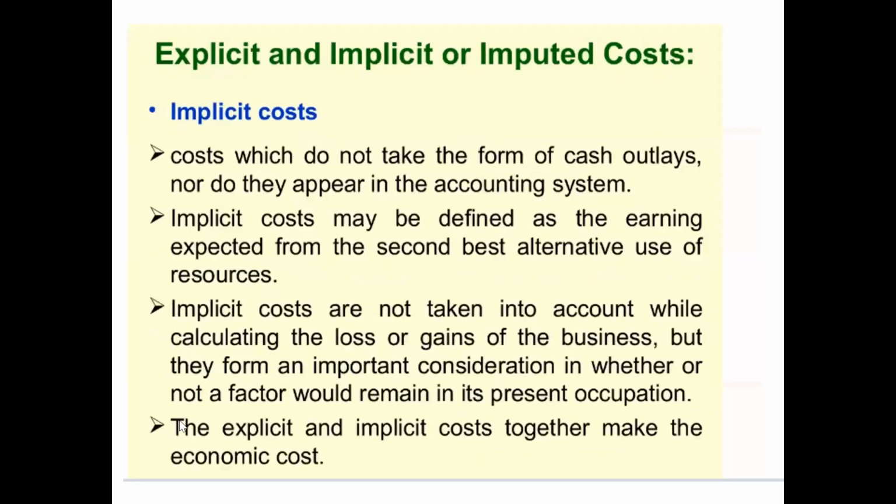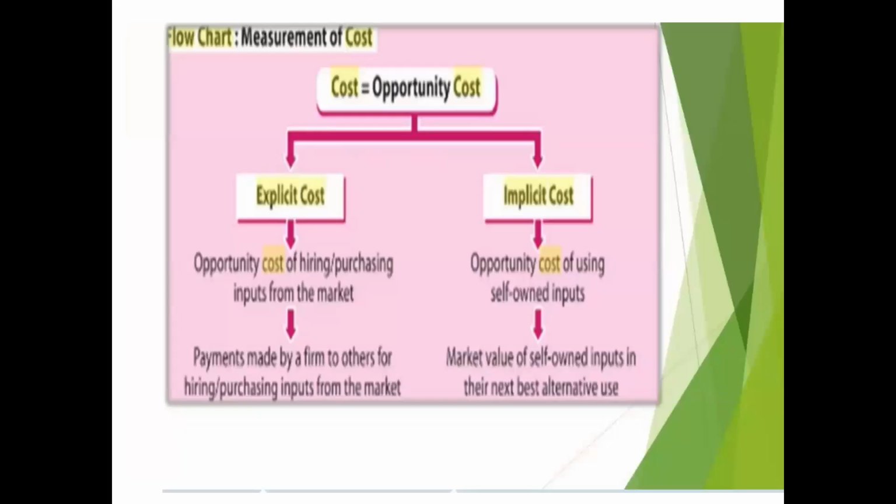When we are taking decisions in the economic cost, we consider explicit costs, the direct costs, the payments made by the firm to others to purchase inputs, right? Then the implicit cost, like the opportunity cost, of self-owned inputs, right?